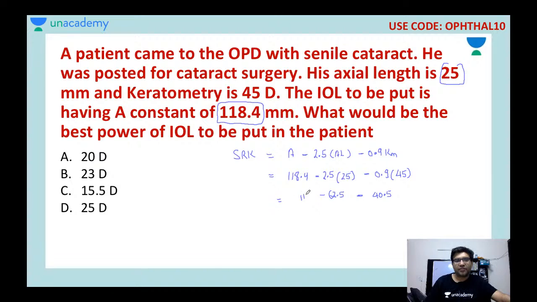So what would be our final answer? It would be around 15.4 or 15.5 diopter. Is it clear, Raj? So remember, just seeing the question, you do not get worried. Sometimes we basically know all the one-liners or clinical situations, but whenever we get numericals, we get a phobia for that because we have not studied maths for the last 8 to 10 years.